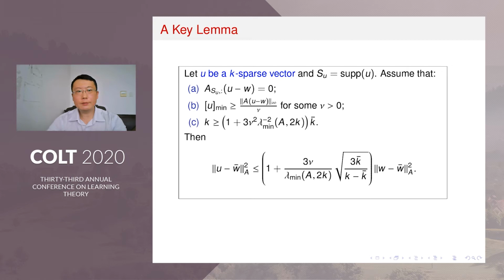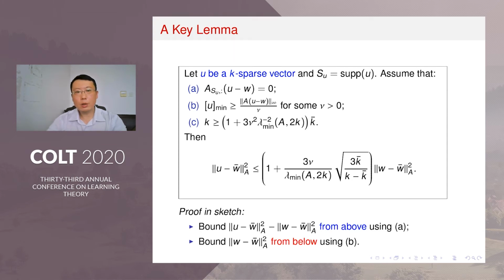Suppose that we have a k-sparse vector U, which is somehow computed from W. The lemma basically says that if U satisfies the conditions A and B, and k is sufficiently larger than k-bar as indicated in condition C, then the expansion ratio of U with respect to W can be bounded like this.